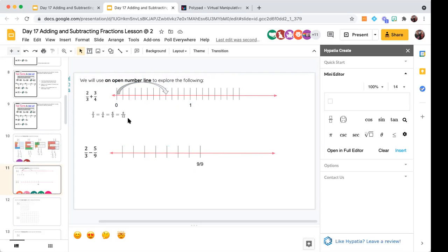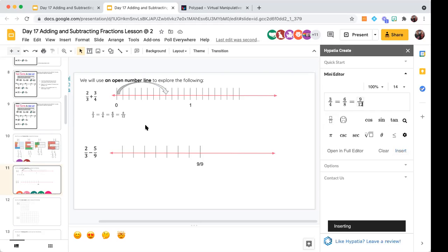but I'm choosing 8/12 because when I look at 3/4 and needing 3/4 more, I'm going to do the same thing. What is 3/4 also equal to? Well, this is also equal to 6/8, which is also equal to 9/12.